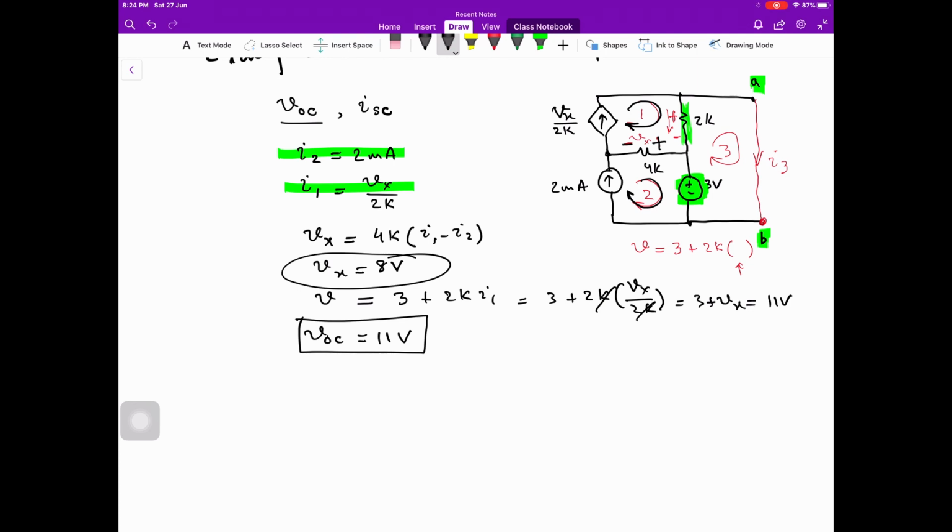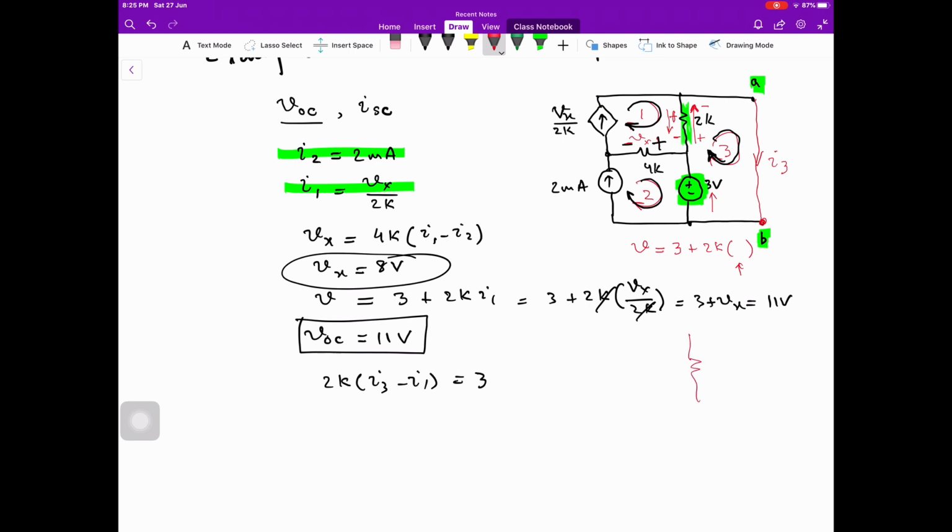We have to write the equation for mesh 3, in the direction of the current flowing in mesh 3. This will be 2K (I3 minus I1) equal to 3. If we move in the direction of I3, this is a voltage rise, and considering the net upward current flowing through this 2K, this is the polarity of the voltage.